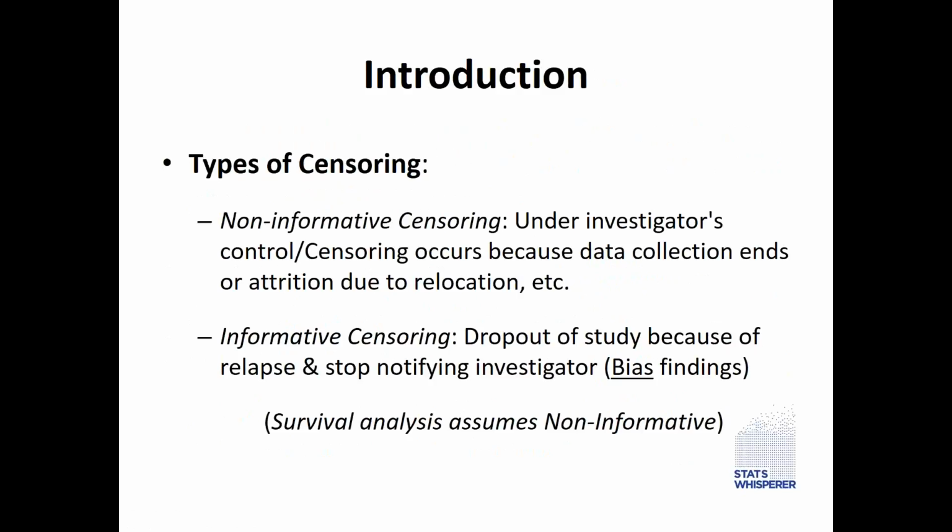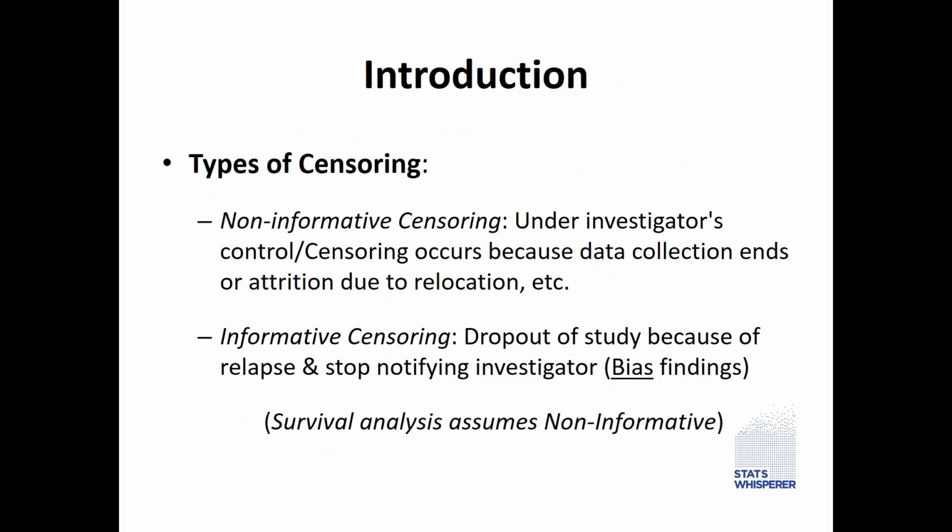The informative censoring occurs when the dropout of the study occurs related to the event. So if somebody relapses into smoking and then they don't want to tell the investigator for whatever reason and they drop out of the study, well, then the dropout is related to the event, but we don't know that.